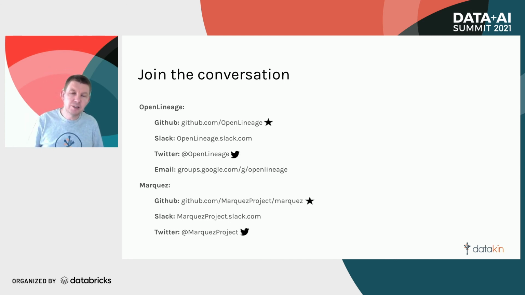Similarly for Marquez, you can go on the Marquez GitHub to find all the information and how to join the Slack channel. That's where you can ask questions on how to use Marquez, or about the roadmap for adding more integrations to OpenLineage.